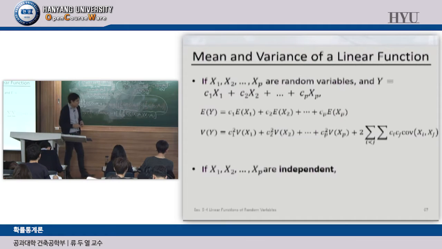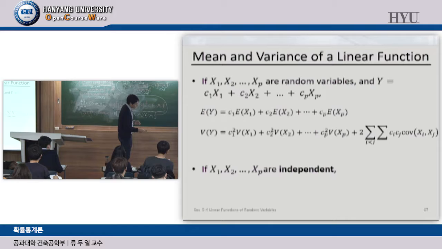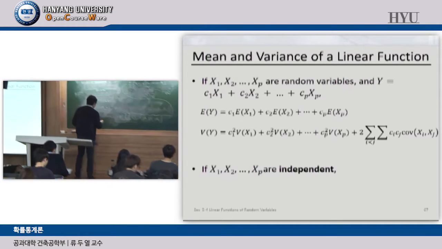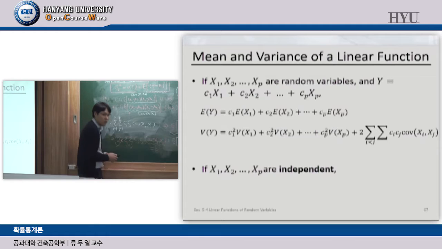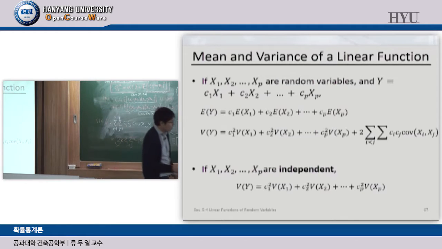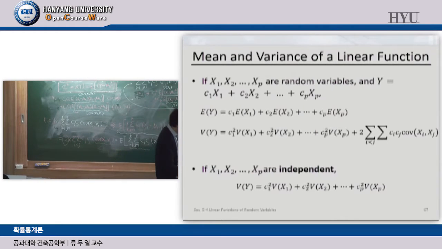But if the random variables X_1, X_2, up to X_p are independent, for this case, the covariance should be equal to 0, right? So finally, the V(Y) is equal to c_1 squared by V(X_1) plus c_2 squared by V(X_2) plus and so on, c_p squared by V(X_p).